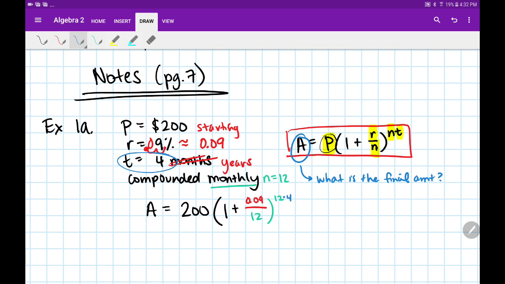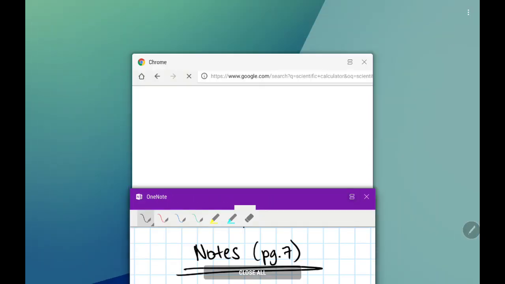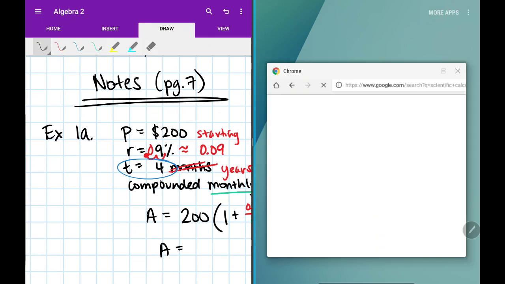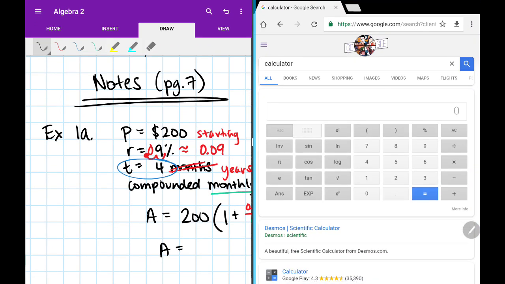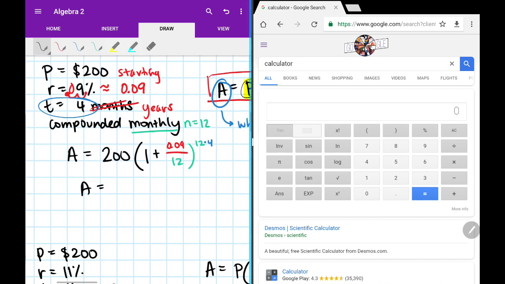So I've plugged in all of my variables. Now I just need to use a calculator to solve. So I'm going to pull up a calculator and solve it alongside you. So I'm going to plug it in exactly as I see.